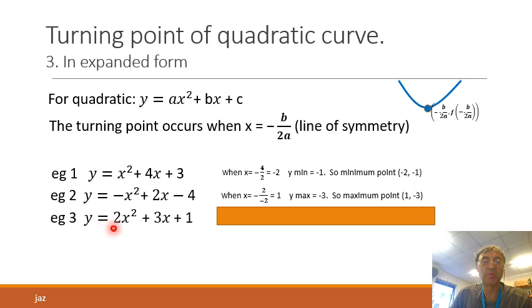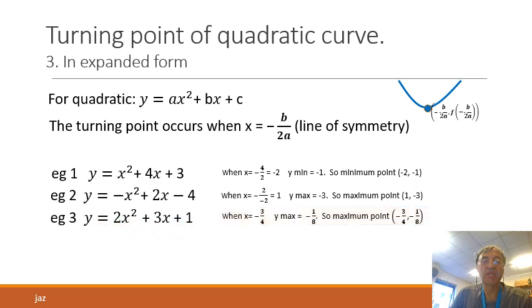And last example, 2x squared plus 3x plus 1, b is 3, so minus b over 2a is minus 3 over 2 times 2, which is minus 3/4, and so the x-coordinate of the turning point is minus 3/4, and substituting minus 3/4 into here gives us the y value of minus 1/8, and so the turning point is (minus 3/4, minus 1/8).